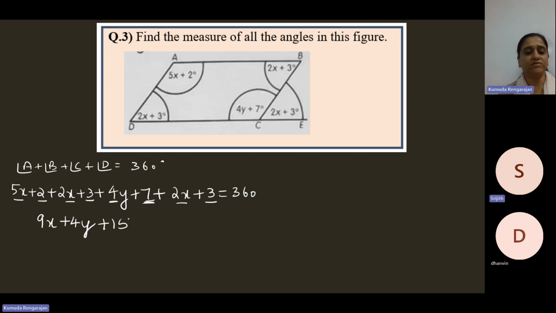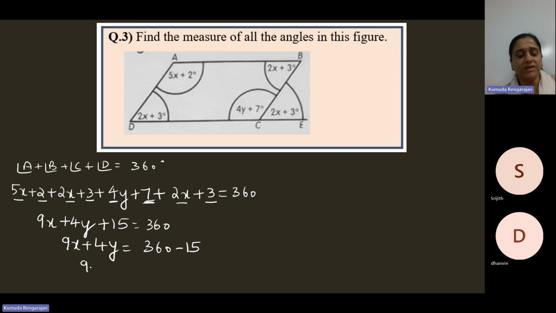So plus 15 is equal to 360. What next? We should find x and y, ma'am. 9x plus 4y is equal to 360 minus 15, correct? Yes. So what is 9x plus 4y equal to? 345.